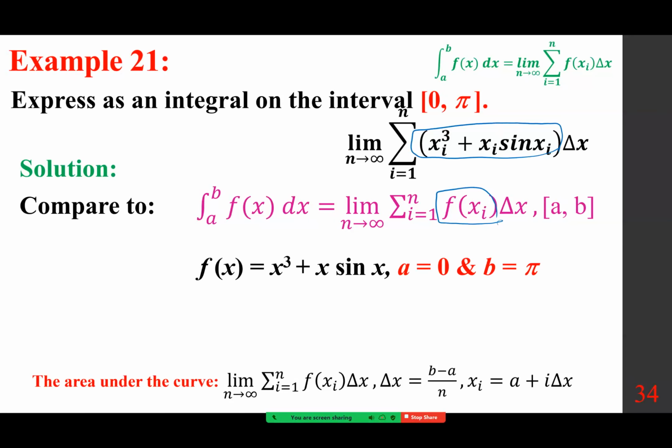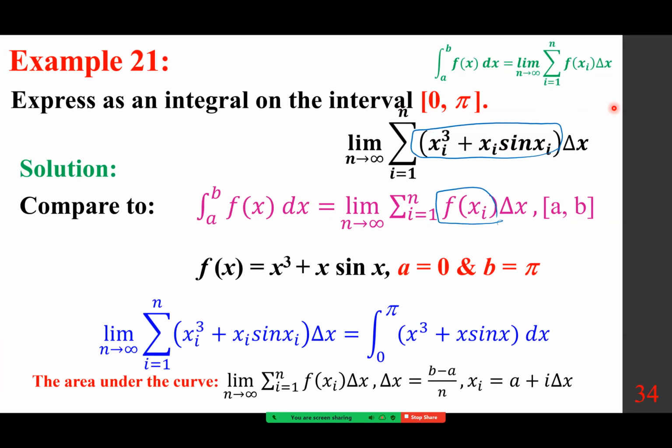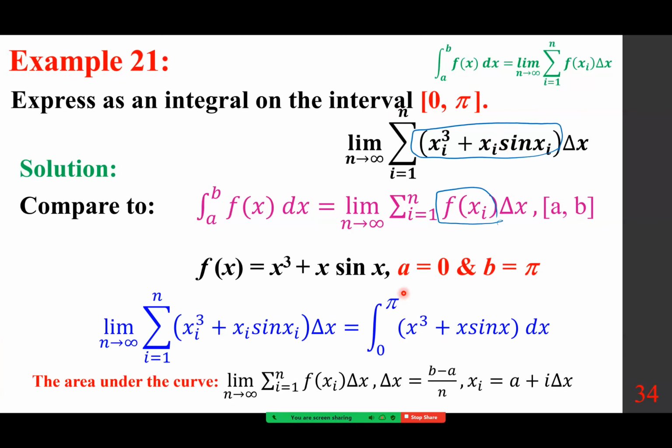We've already discussed the interval from a to b. And so therefore, this is the integral from 0 to pi, a to b, of f of x, which is x cubed plus x sine x, times dx. Remember, delta x is replaced by dx.